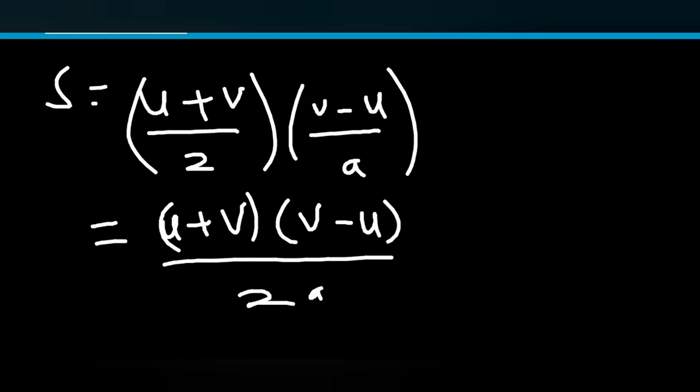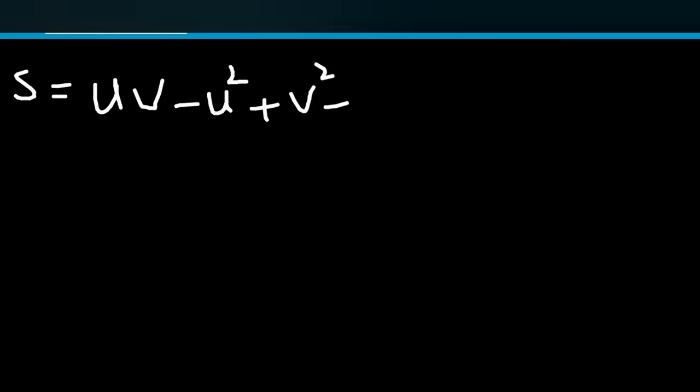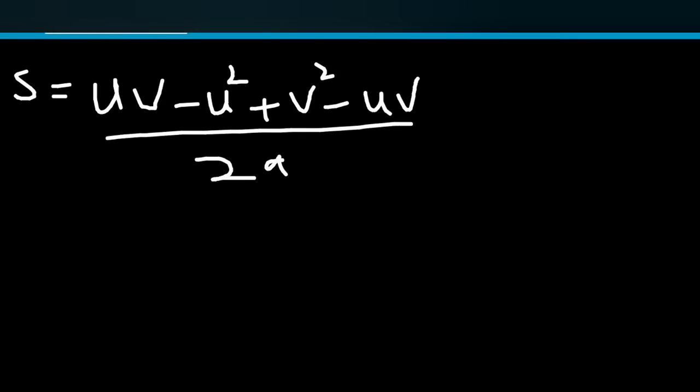So that, let's take a new slide, we shall have s equals, by expansion, (uv minus u squared plus v squared minus uv) divided by 2a. And if we collect like terms, of course, uv minus uv will be gone, and we have left v squared minus u squared over 2a.